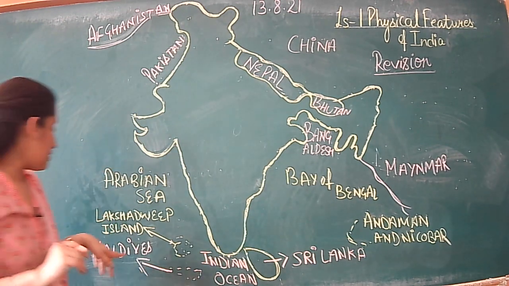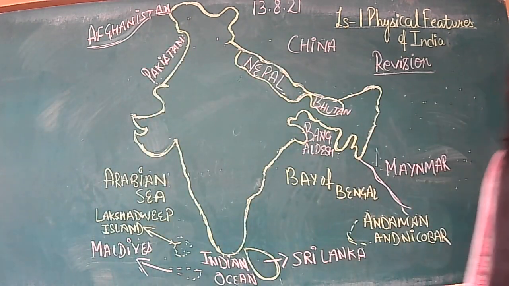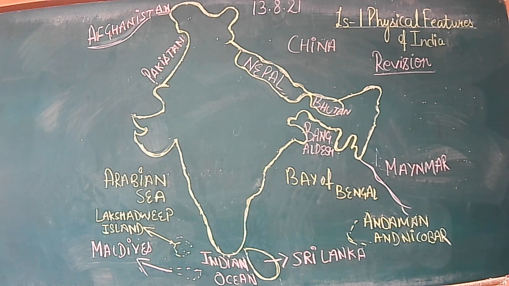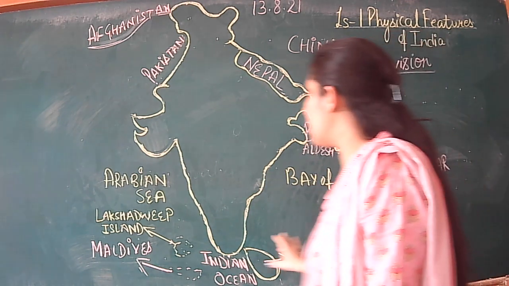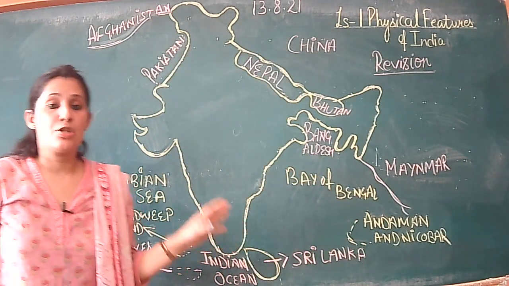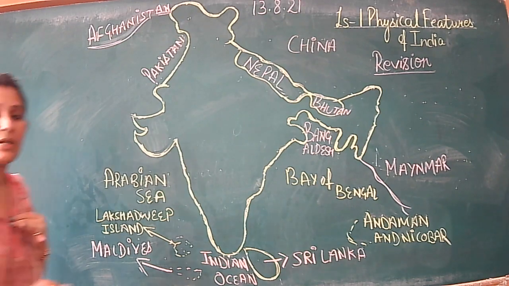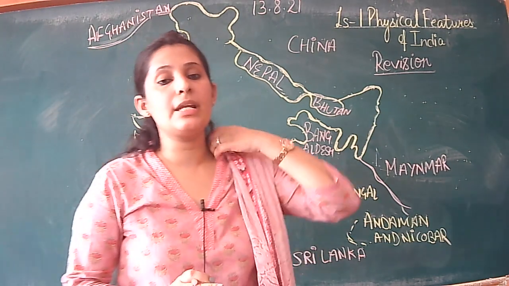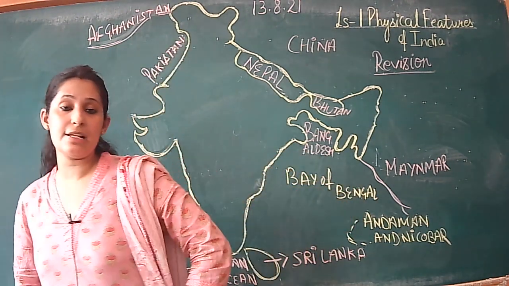And we have also labeled the islands. In Bay of Bengal, we have Andaman and Nicobar Island, whereas in Arabian Sea, we have Lakshadweep Island. So, this is all about the physical feature of our India. We have talked about the neighboring countries, the water bodies, and the two groups of islands also.